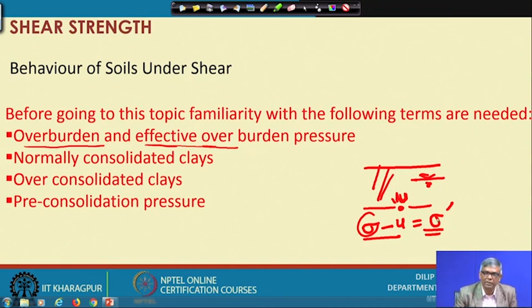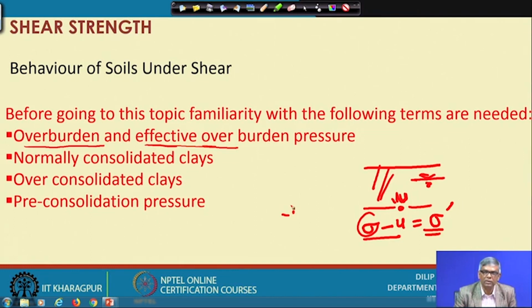Normally consolidated means that at a particular point, the present effective overburden pressure is the maximum in its history, that is, the point has never been subjected to a higher pressure than the present effective overburden pressure. Once again I repeat: if the soil at this point has never been subjected to higher pressure than the present effective overburden pressure, that is normally consolidated.